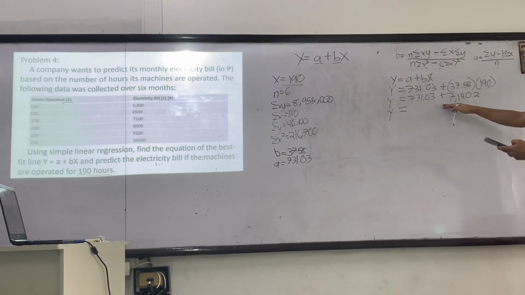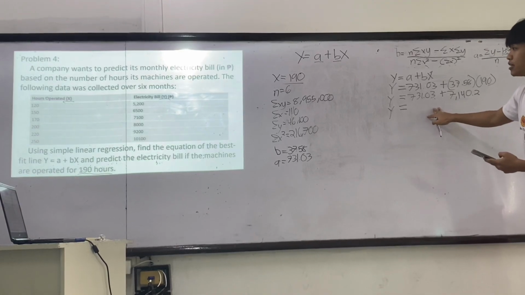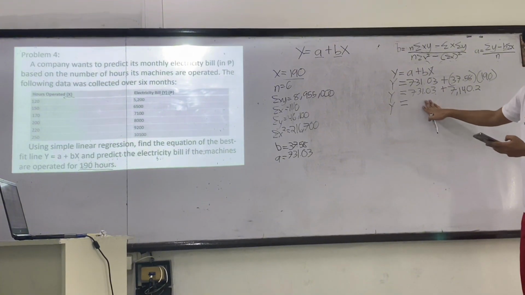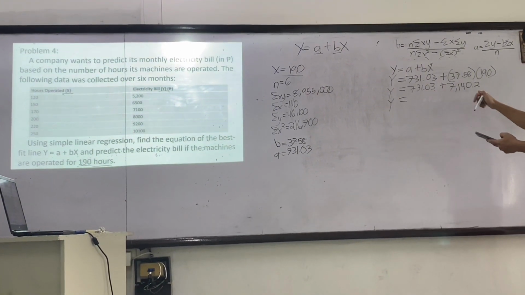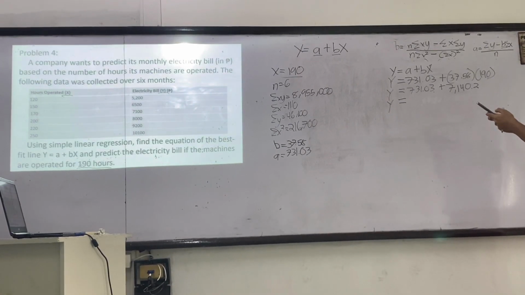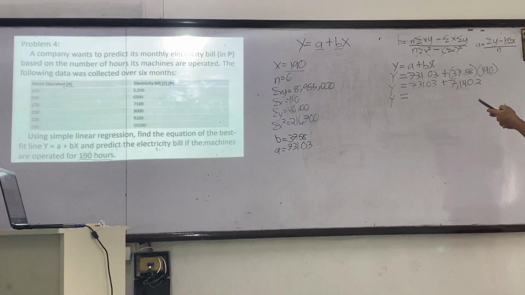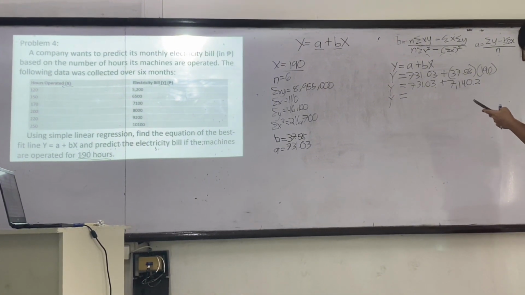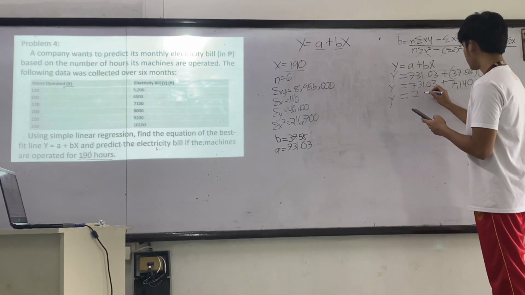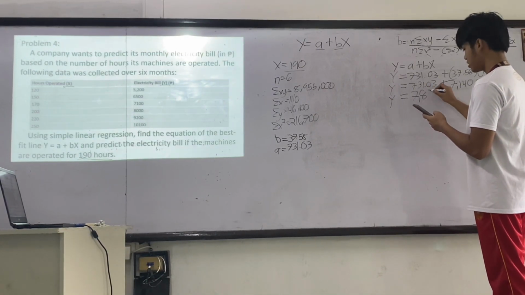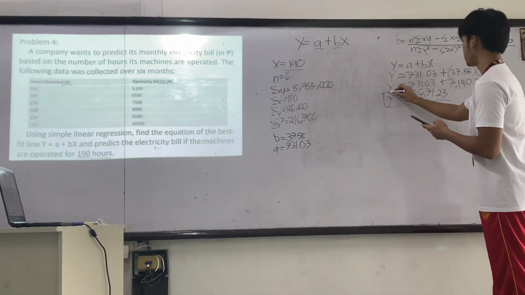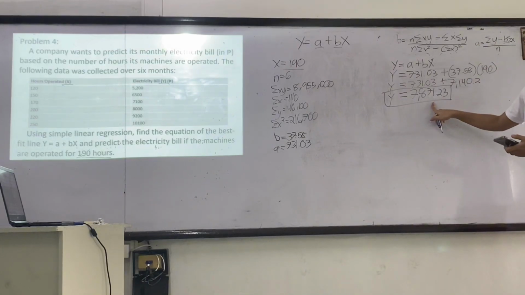So the value of Y, or the predicted electricity bill, is 731.03 plus 7,140.2. The final answer will be 7,871.23. So this will be the predicted electricity bill of the problem.